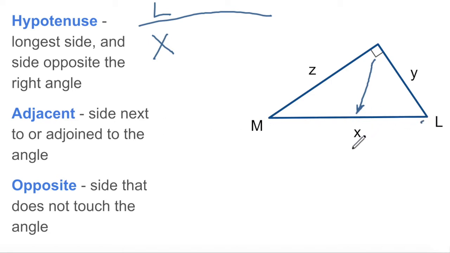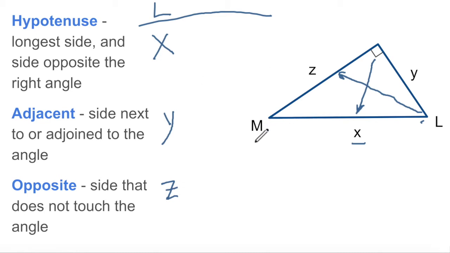We already said that x is the hypotenuse. Which other side is adjacent to angle L? Well, that's y, isn't it? It joins or touches angle L. So here, side y is adjacent to angle L. And which side is opposite to angle L? That means on the far opposite side, that would be Z. So side Z is opposite angle L.